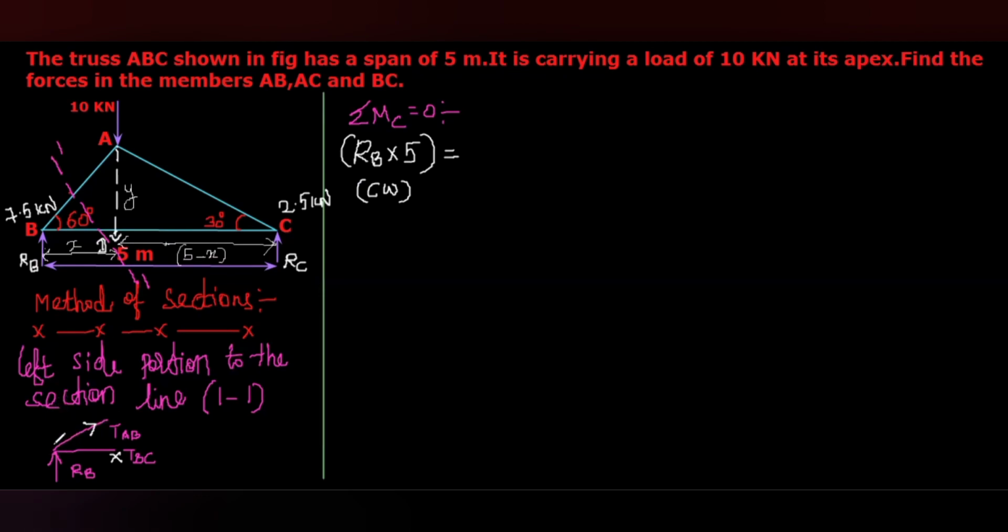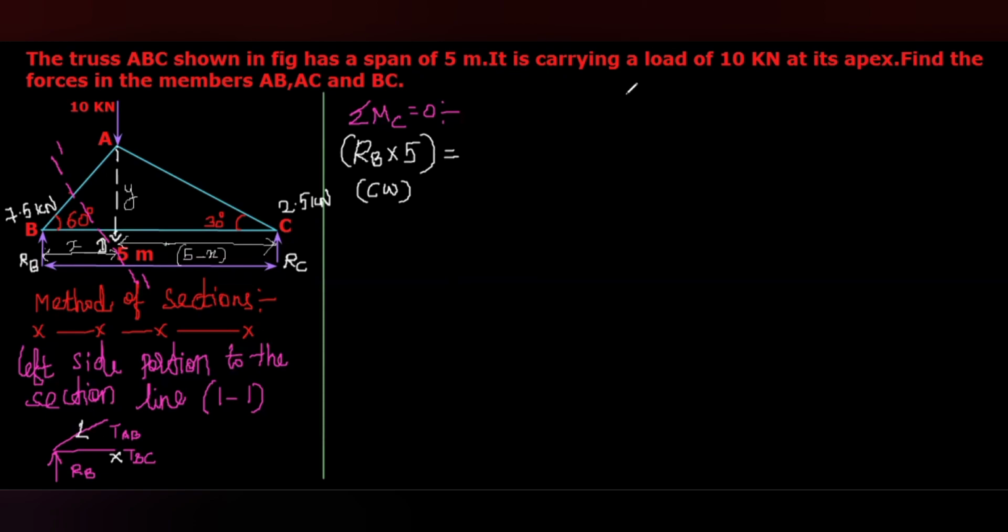The TAB sine 60 also will act in this direction. So with respect to C, TAB, if it is acting upward, is also clockwise. So it will not act outwards from B.